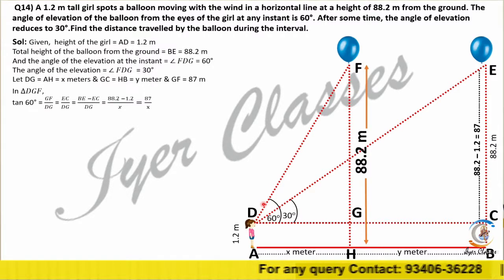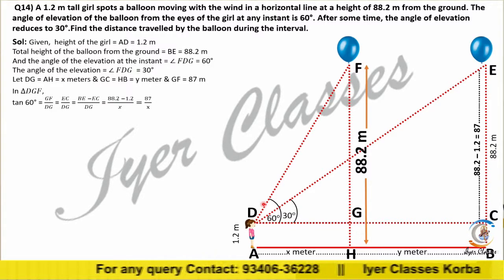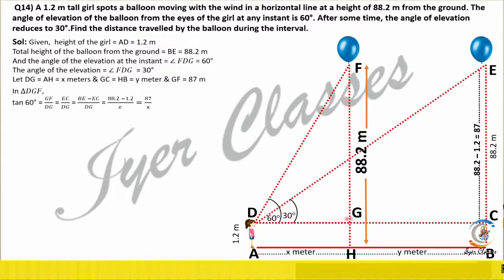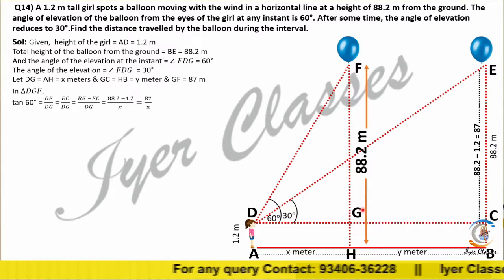And this tan 60 is equal to perpendicular by base. What is the perpendicular? It is DF. What is the base? It is equal to DG. But what is this GF equal to?